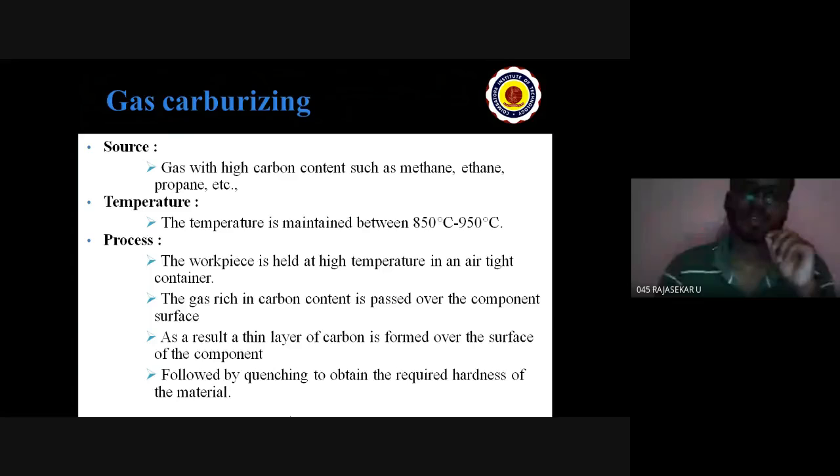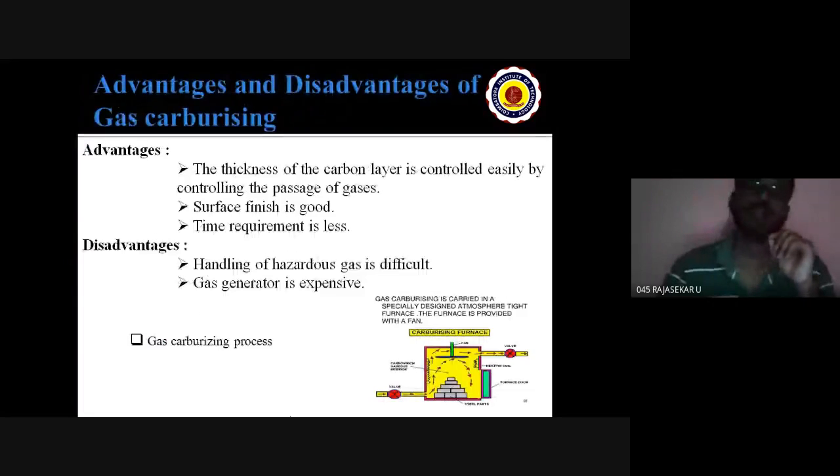Then advantages and disadvantages of gas carburizing. The advantage is that the thickness of the carbon layer is controlled easily by controlling the passage of gases, and the surface finish is good. The time requirement is less compared to both the solid and liquid carburizing processes.